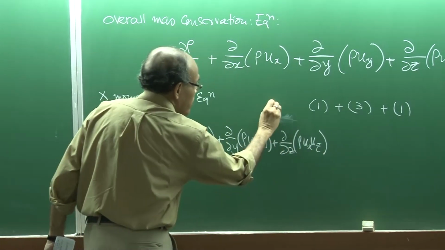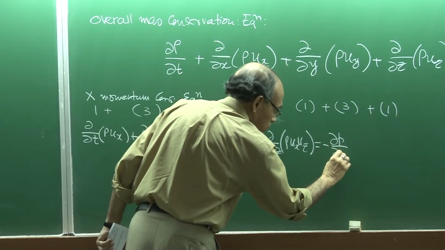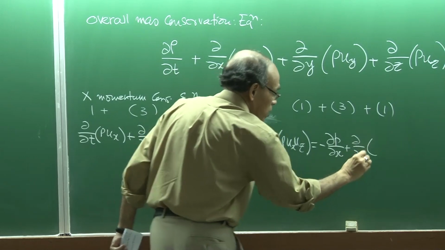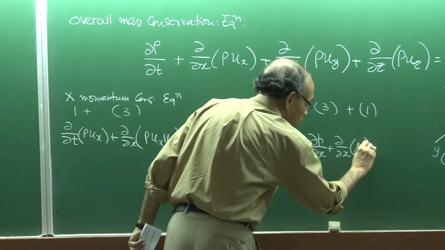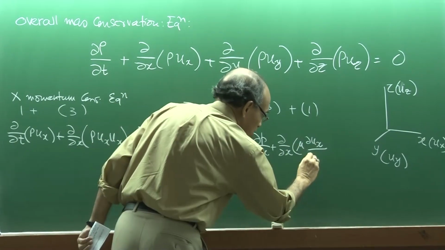If you write this equation in conservative form, then we have the pressure gradient term, and then we have the 3 second order diffusion terms, and because it is the x momentum, all the time I will write the partial of ux with respect to x.